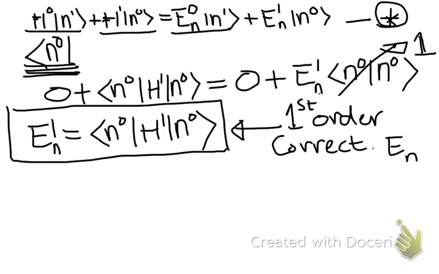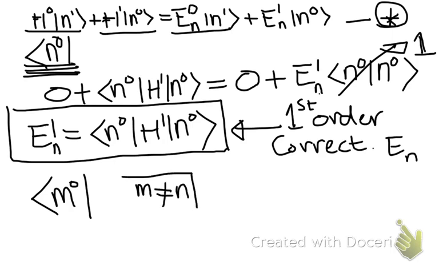Now that we have computed the first order correction, let's go back to our equation star that you can see above, and let's dot it with this thing right over here, m0, the unperturbed m states. It is very important to note that m is not equal to n. That is why we are choosing some other letter m, since these two states are not equal.